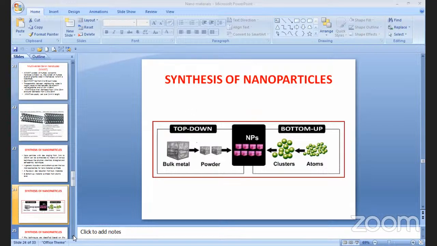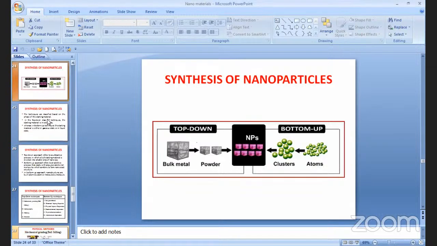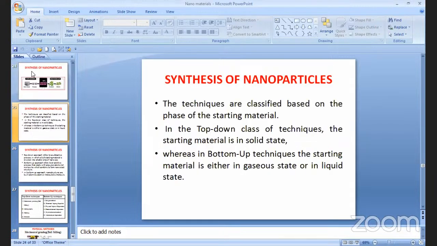Then after, if you take the synthesis of nanoparticles, it is classified, as I told, as the top-down method.